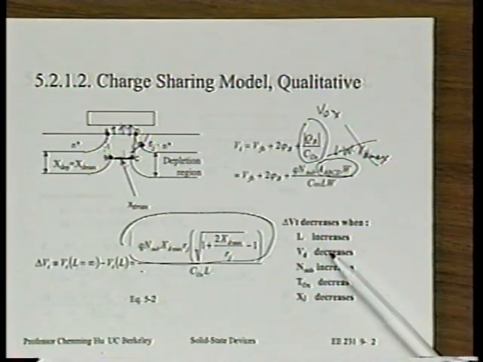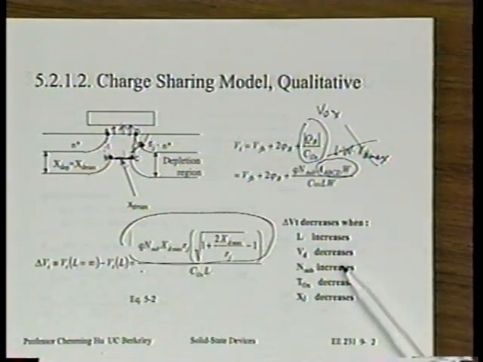Do you agree? When L is large, whether you're talking about rectangle or trapezoid, the ratio of these two is very small. The difference is very small, correct? That's the correct thing, because physically it's true. It did agree with observation. When channel length is long, we don't have any channel length dependence of VT. Remember the VT roll-off picture?